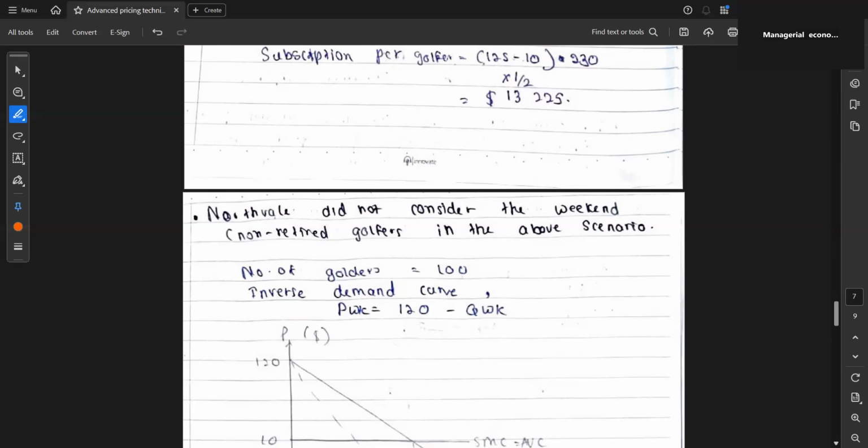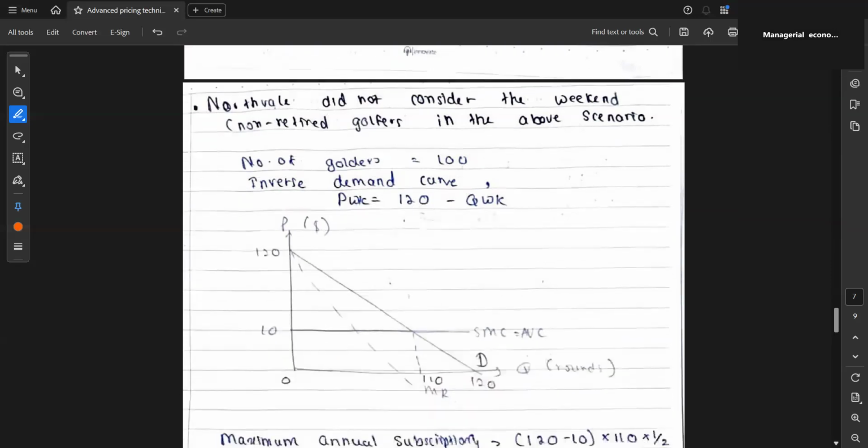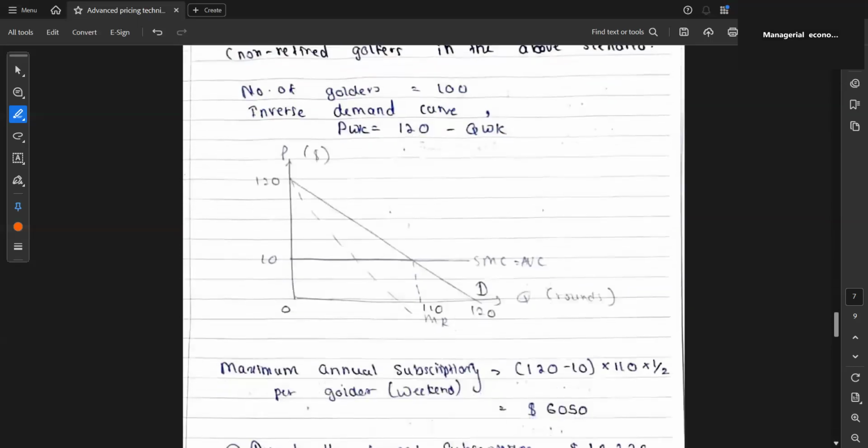So they have not been considered. The number of these weekend non-retired golfers is 100, and they also have identical demand curves to each other. So this is their demand curve.